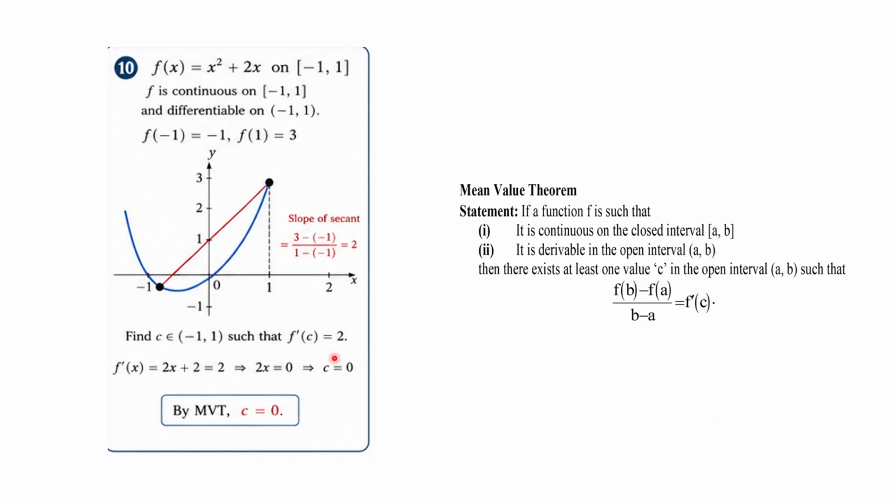So f prime c must be equal to 2 by the mean value theorem. Here f prime is 2x, so 2x is equal to 2, so c is equal to 0, and this belongs to the open interval minus 1 to 1, for which the slope of the secant line is equal to the slope of the tangent line.